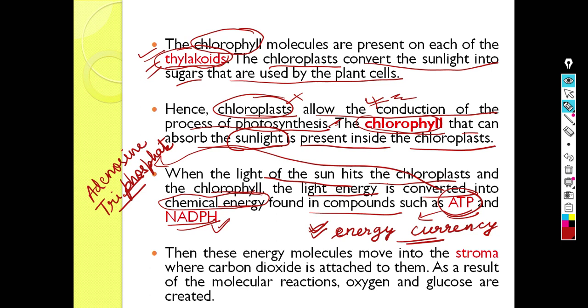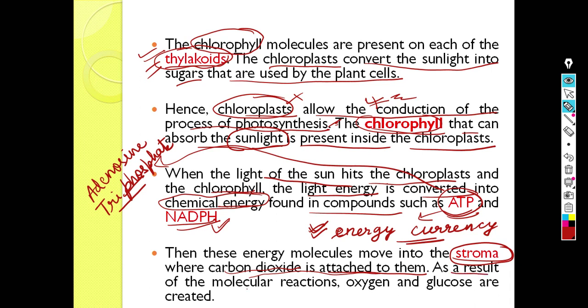Then these energy molecules move into the stroma, as I told you, which is like the cytoplasm of the chloroplast, and where carbon dioxide is attached to them. So inside that jelly-like structure, what happens? CO2 comes into that cytoplasm and attaches to these energy molecules.